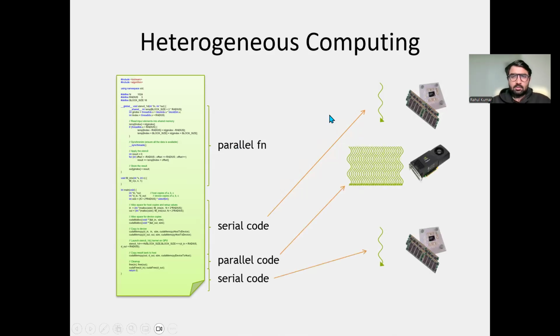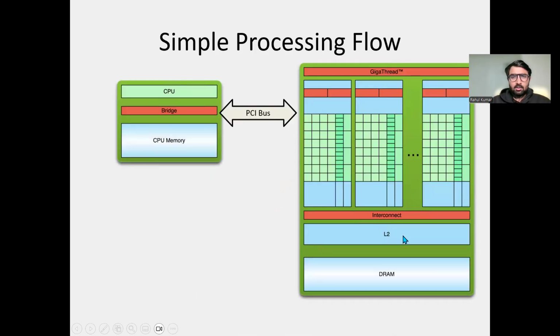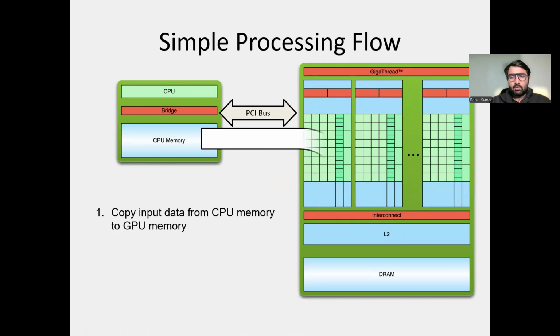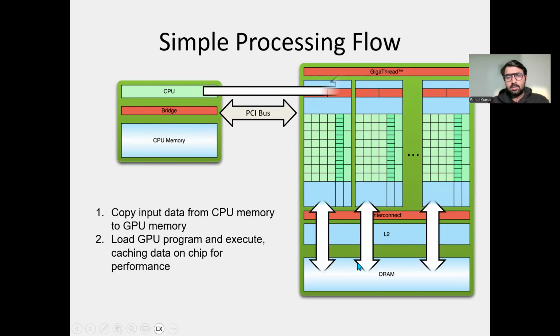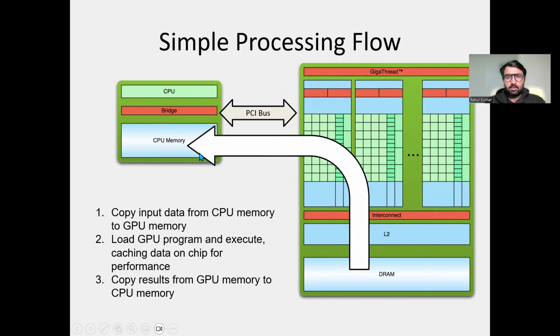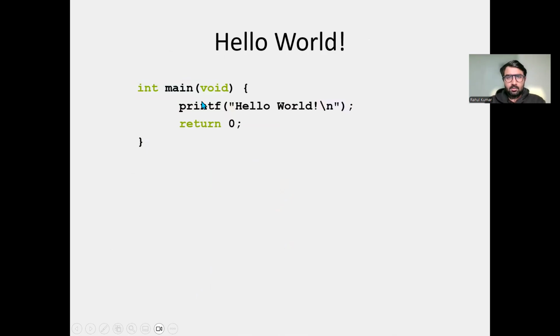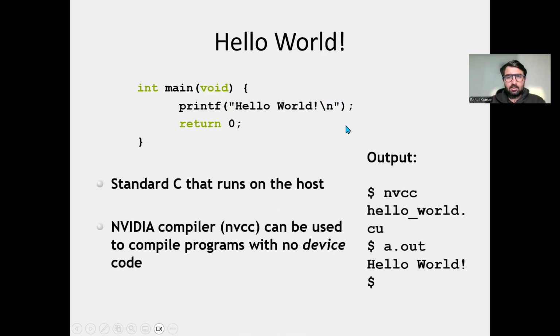When you are running serially, you are running on one thread, and then you create multiple threads, and then again some serial part runs on a single thread. So this is how it works. You have some variables on CPU, you create a copy for GPU, you copy that, then the GPU performs operations, and then you copy data back to the CPU.